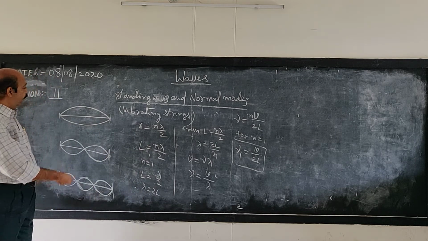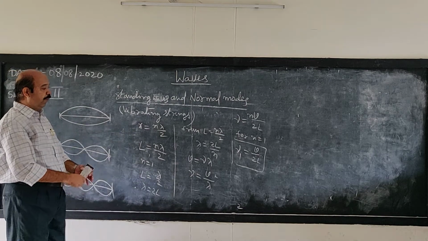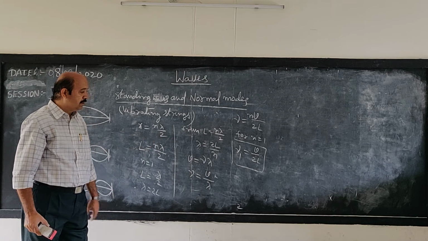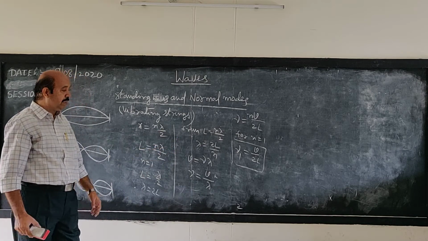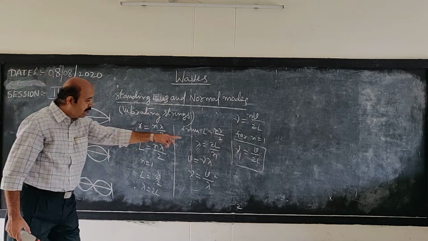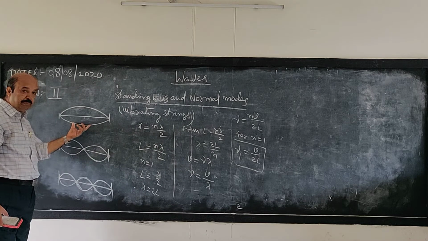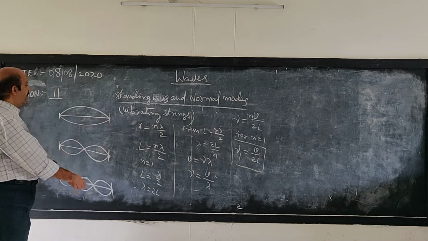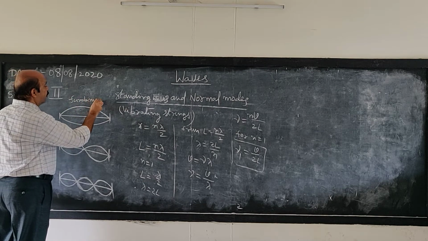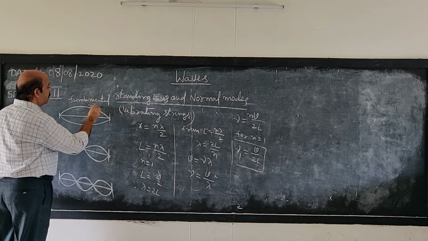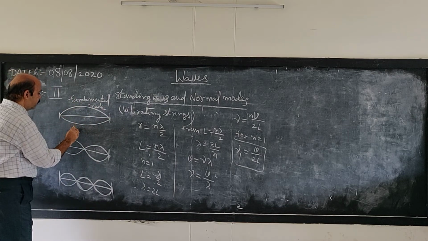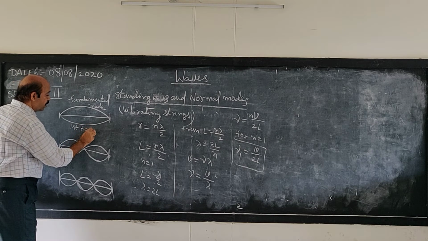If it is vibrating in the first mode, that is the least value of n, n is equal to 1, the frequency formula we got is V by 2L. The frequency with which the string vibrates is what we call the fundamental mode. This is also known as the first harmonic.